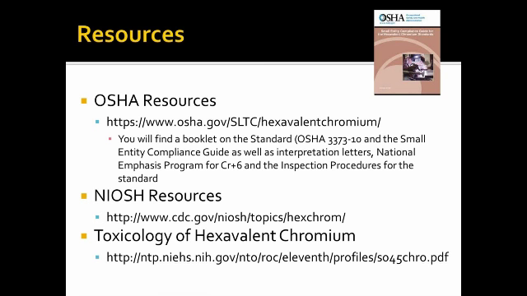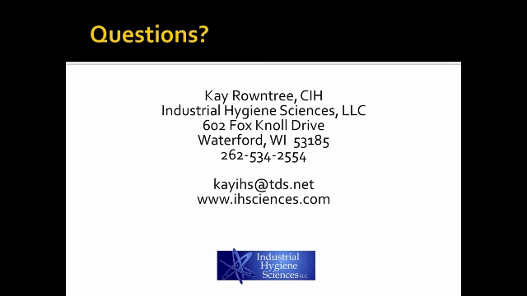I haven't looked at it, maybe it's 1. I'm not sure. It's a very low number, to say the least, and very hard to achieve. But there's a lot of good resources on the NIOSH website, particularly about toxicology of hexavalent chromium, if you're interested in that.